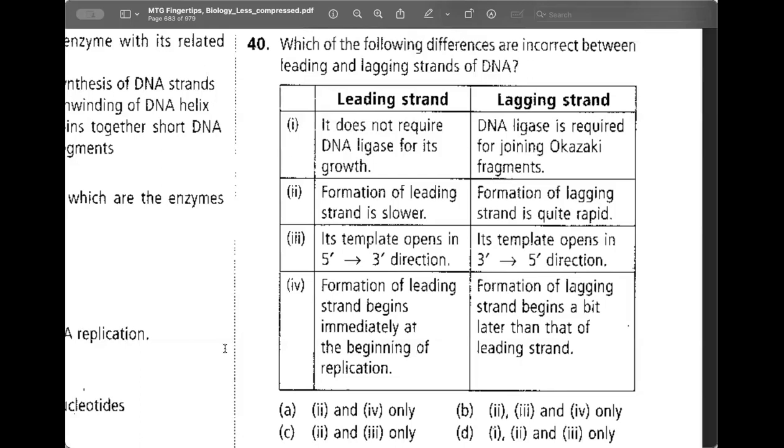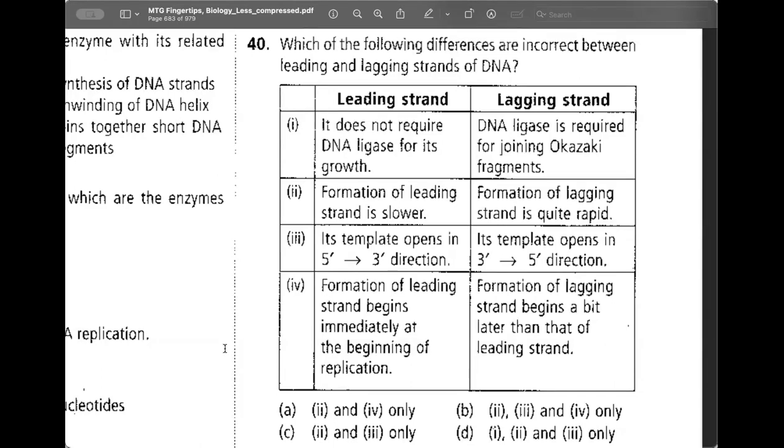So what is a template strand? Template is the parental, right? When the two strands open so that DNA can replicate in a semi-conservative manner, one strand comes from the parent, right? And the other one is synthesized. So the strand that comes from the parent is called the template.